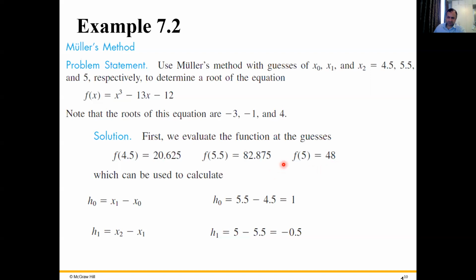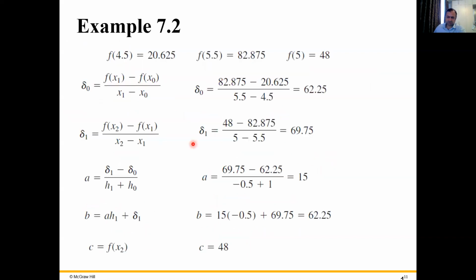And then we need to calculate h0, which is the difference between x1 and x0. And then we calculate h1, which is the difference between x2 and x1. After calculating h0 and h1, we can calculate delta 0, which is fx1 minus fx0 divided by x1 minus x0.